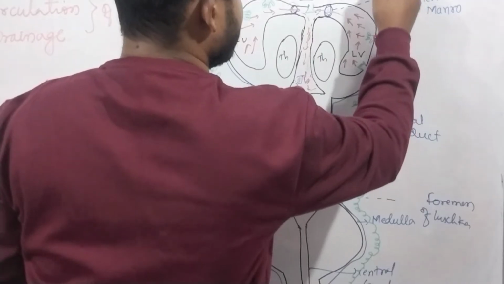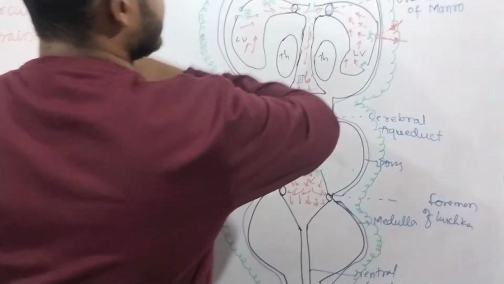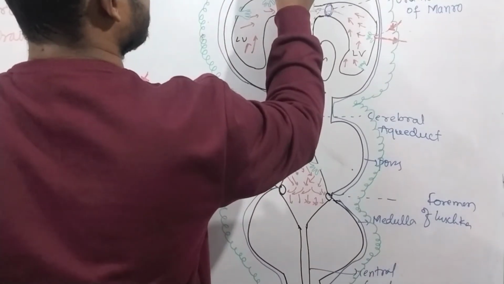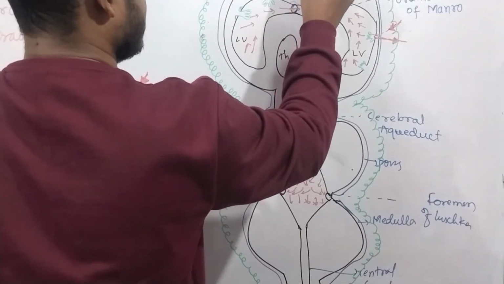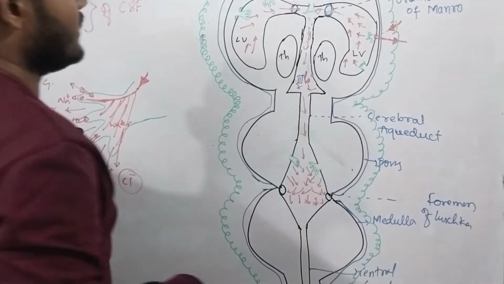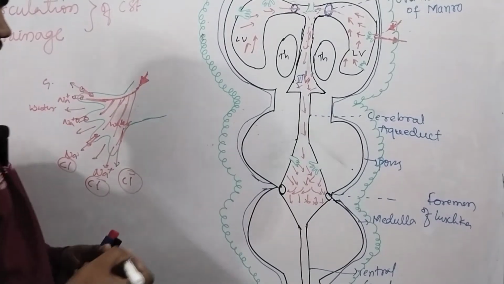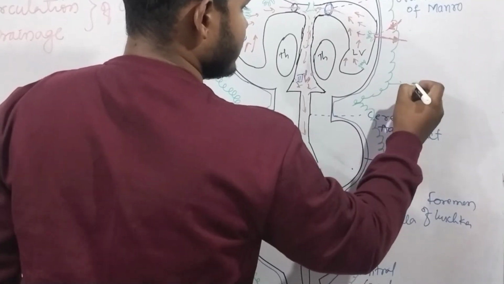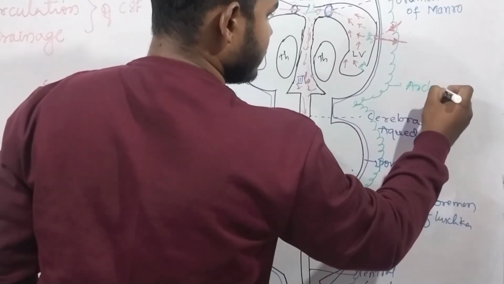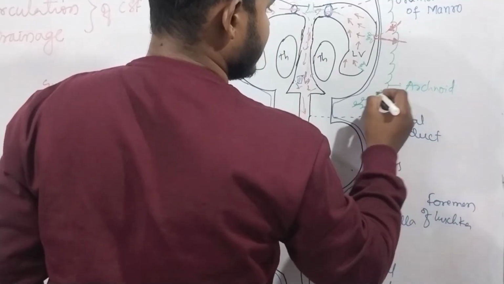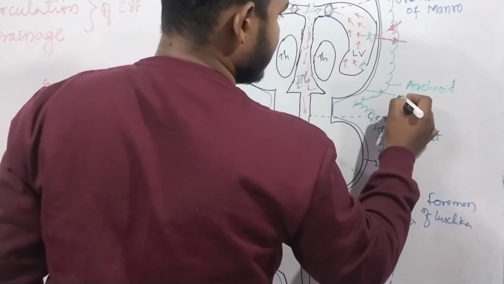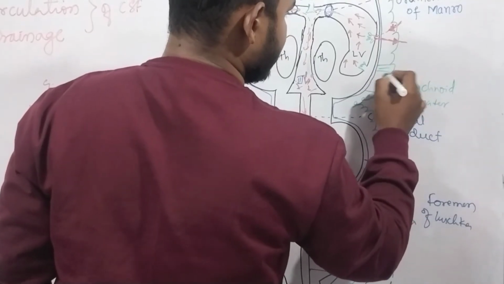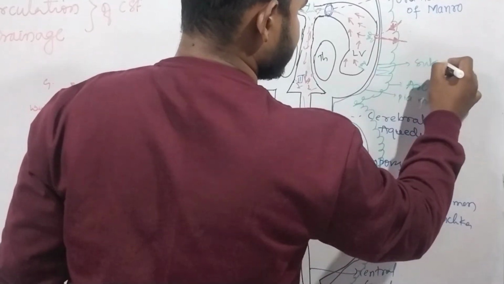Now let me draw here. Now it is completed. This is the arachnoid layer, and this is the pia mater, and the space between these is called the subarachnoid space.